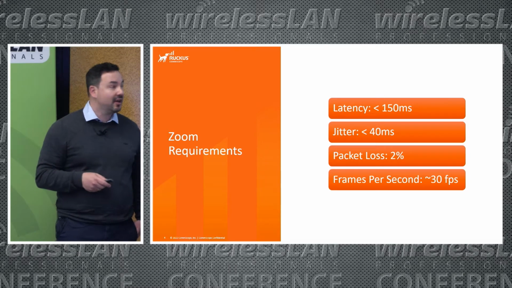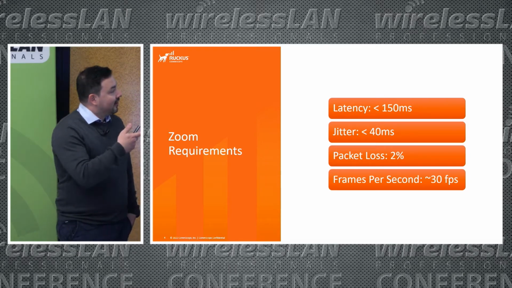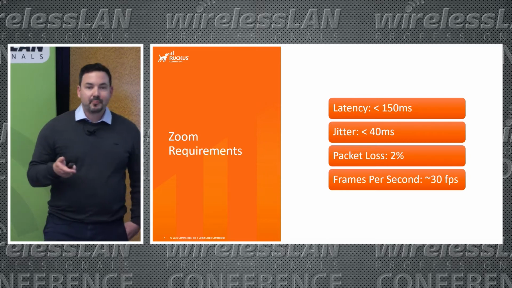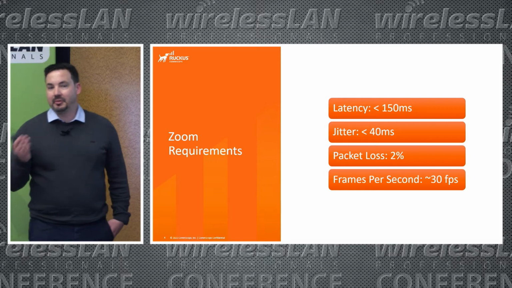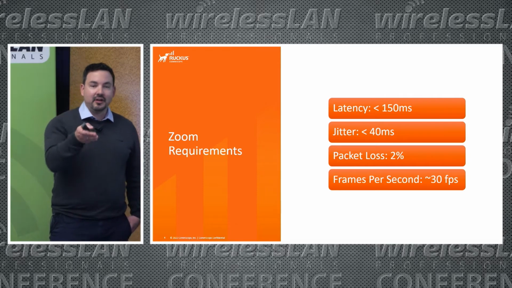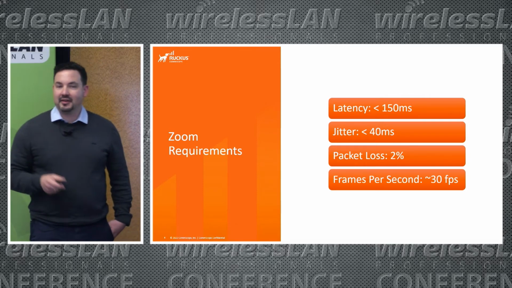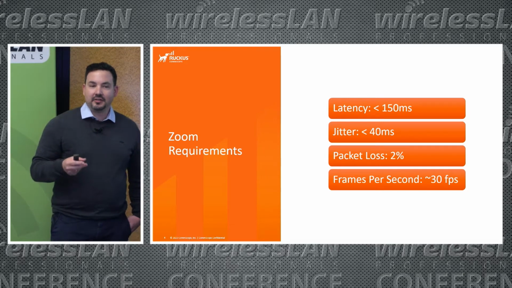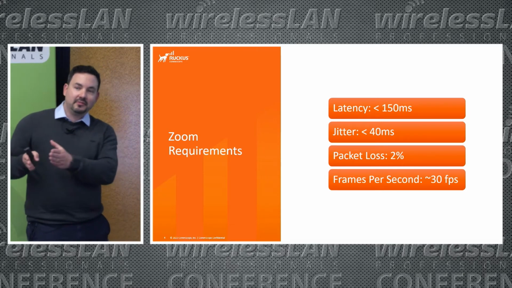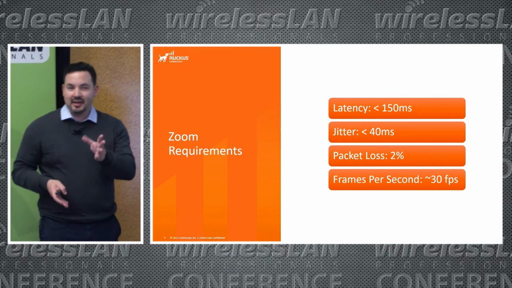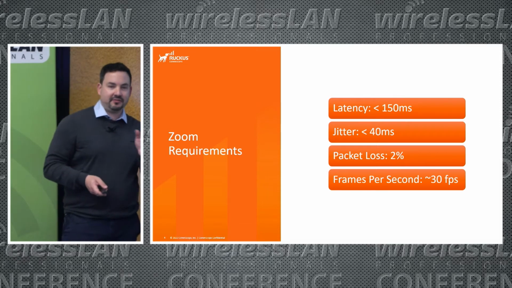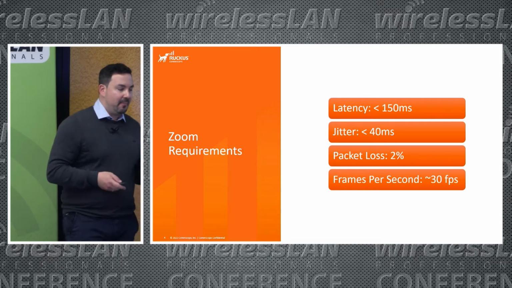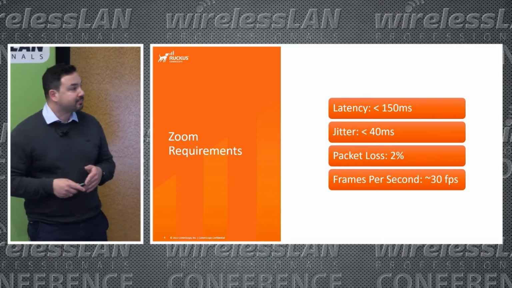And of course, because Zoom is mainly about video, frames per second is also very interesting. The 30 frames per second comes from the fact that Zoom is able to support up to 30 frames per second. So you want to get close to that for the optimal experience, but I guess it will be fine if you reach 15 to 20 frames per second, and then the video will still be fluid somehow, right?